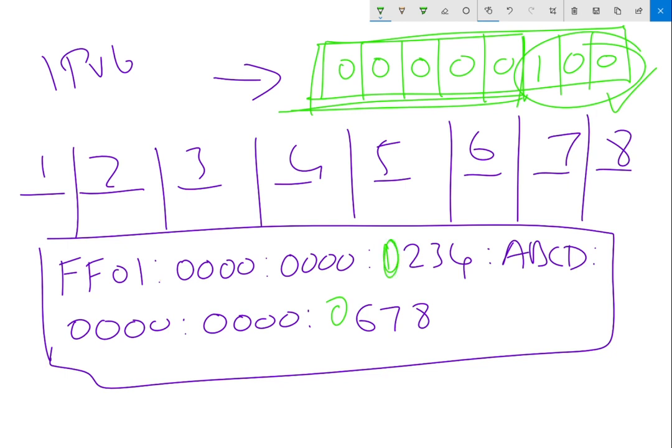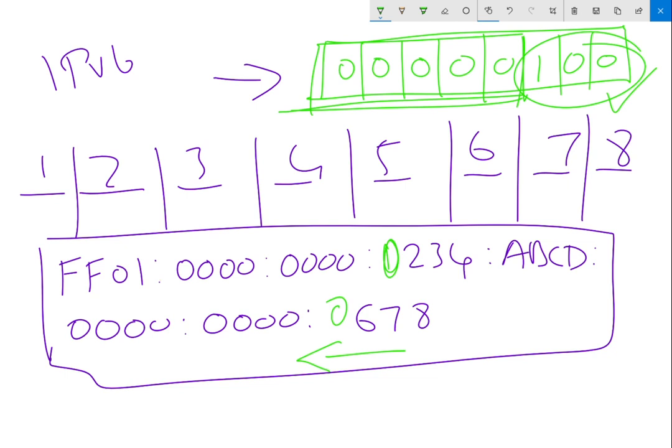So maybe here you have FF01. So you have something like this. The first point is it is not case sensitive. The second point is the leading zeros you can ignore. What are the leading zeros here? Anything which is in the front, they are the leading zeros.